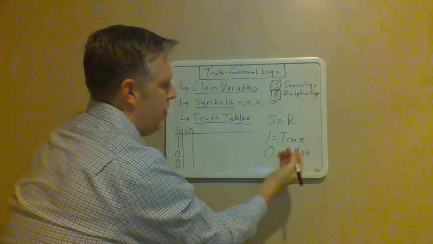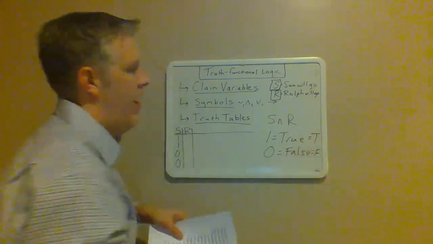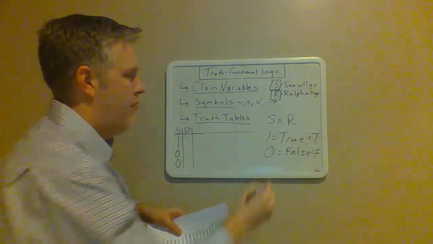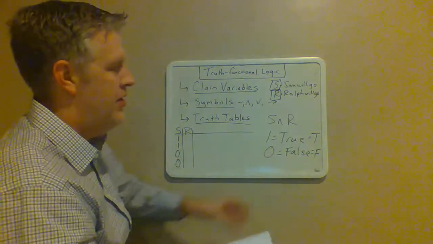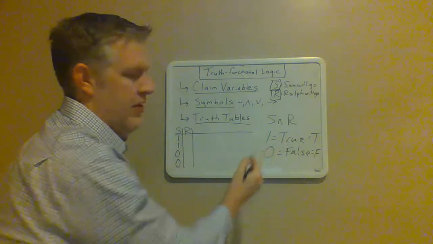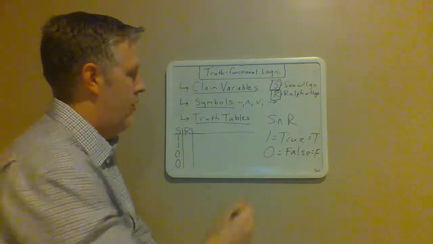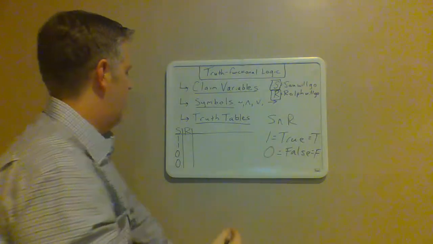You can use T and F if you want, but I've run into a lot of issues with not being able to tell the difference between a T or F. Using 1 and 0, which is a very common practice in logic, you will avoid that issue altogether. 1 equals true, 0 equals false.